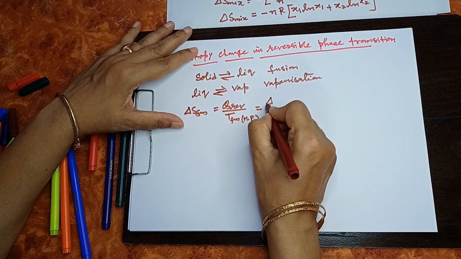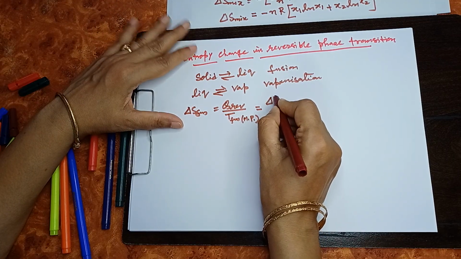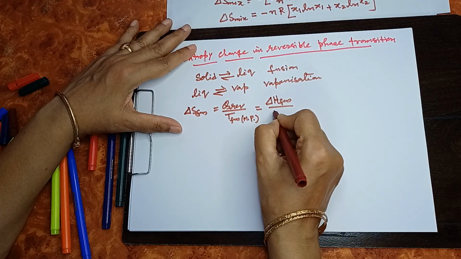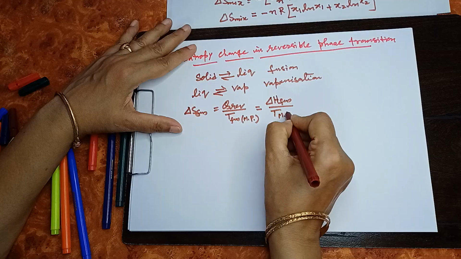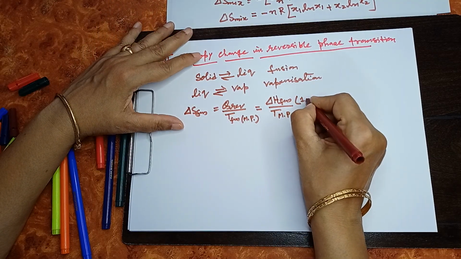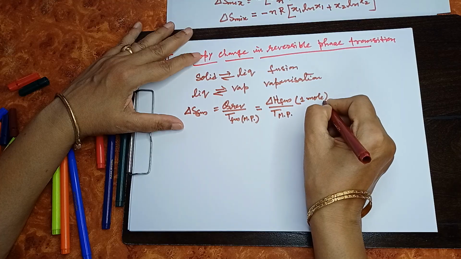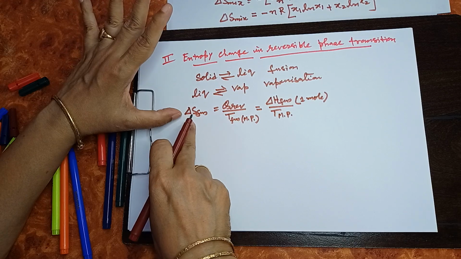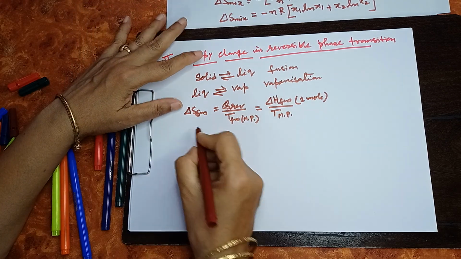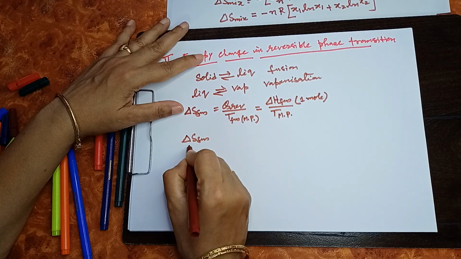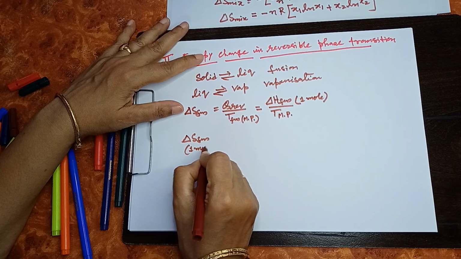So that is equal to the enthalpy change, here the enthalpy of fusion, divided by this melting point. Remember this enthalpy of fusion is for 1 mole. So the entropy of fusion is for 1 mole. So this is delta S fusion for 1 mole.